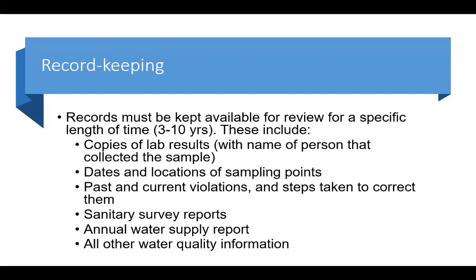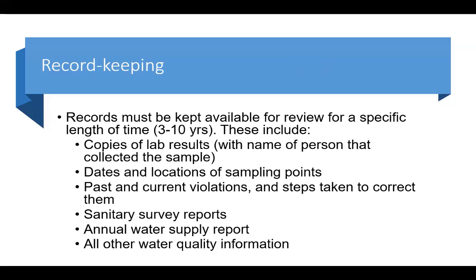The records have to be kept for a particular length of time. That length of time really depends on the type of report. So for instance, bacteriological analyses are kept for 5 years, chemical for 10. Violations and corrective actions are kept for 3 years.